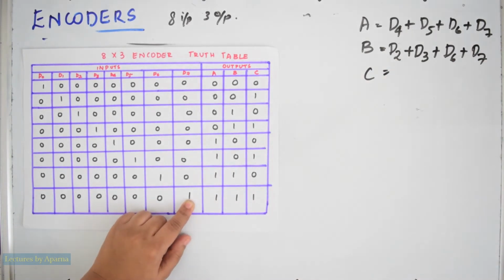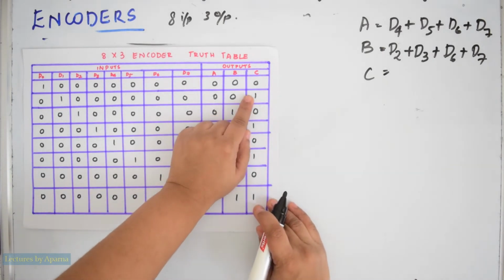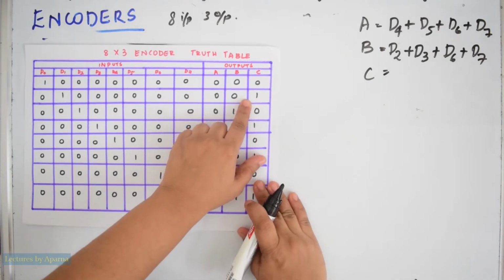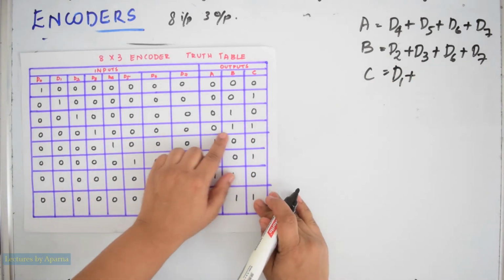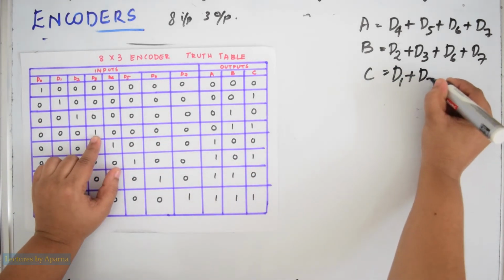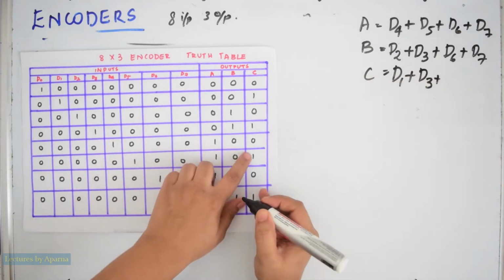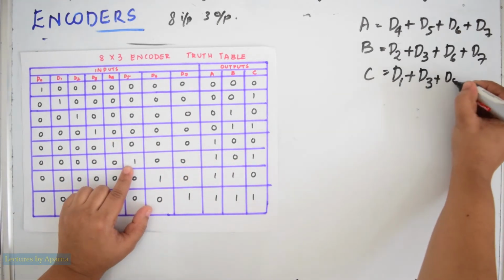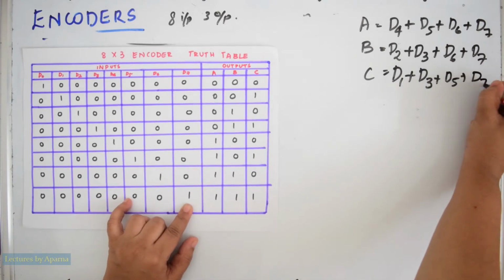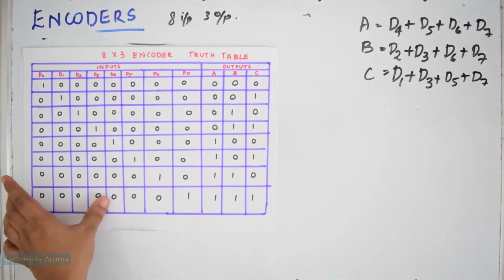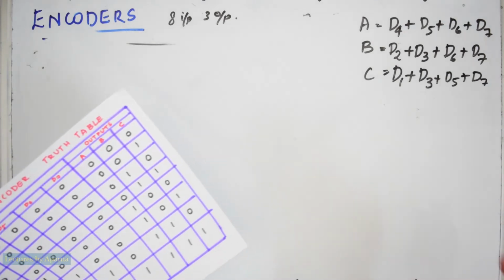And C will be equal to, in which cases does C become high, D1 plus D3 plus D5 plus D7. Okay. So now let's draw the logic diagram for this.